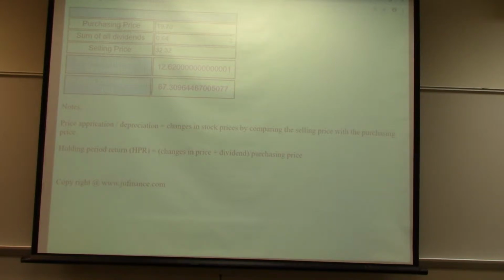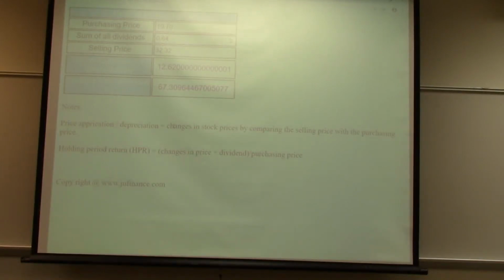So it should be 67.31%. Your holding period return. So you have to consider how much you make from price changes, also from dividend you received, and divide by the price you paid for it.